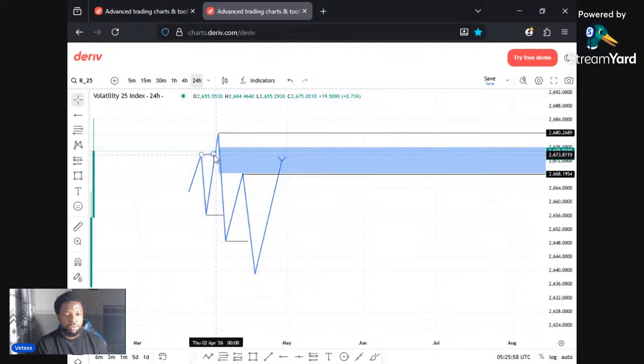Let's say we have a direction, because let's say this is a 4 hour time frame and we are looking forward to take a trade. What we do now is once price taps into this point of interest, we wait for our continuation entry, which is going to be something like this.